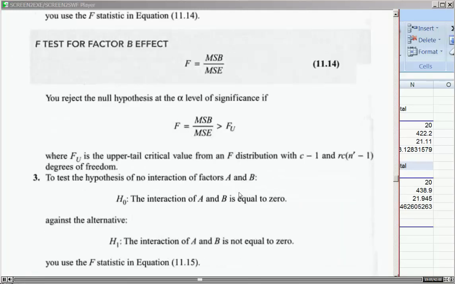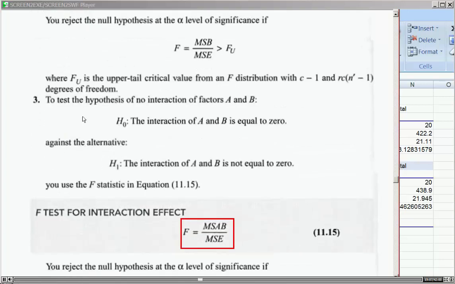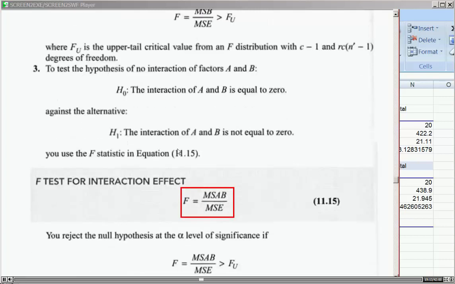Okay. And here's interaction. To test the null hypothesis of no interaction of factors A and B. Okay. The interaction of A and B is equal to 0.